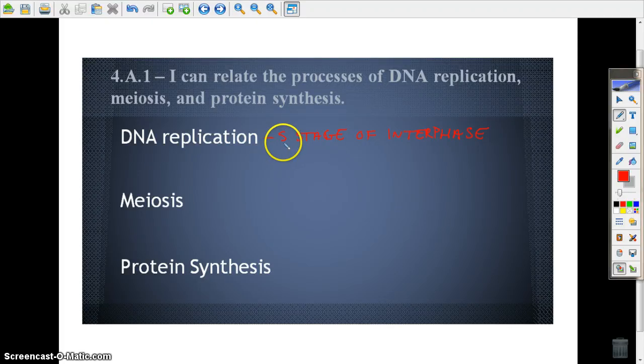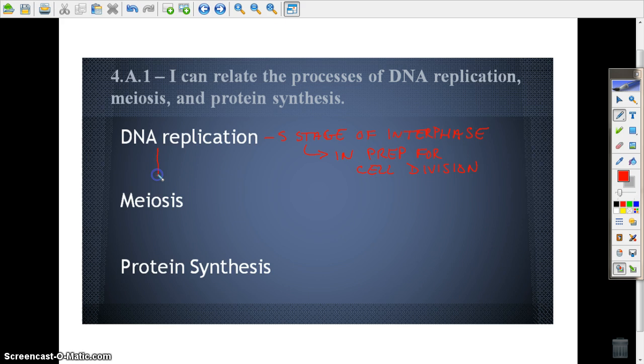And we have to understand the S stage is in preparation for cell division. So the whole reason we go through this DNA replication process in mitosis is so that each of our new cells has an exact replica of the parent cell's DNA.